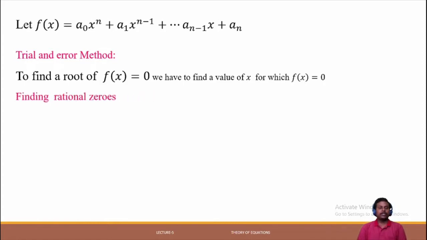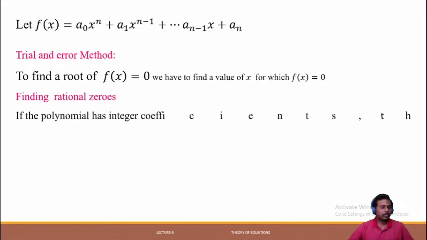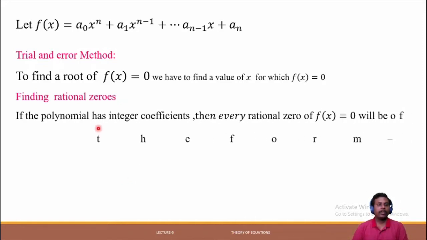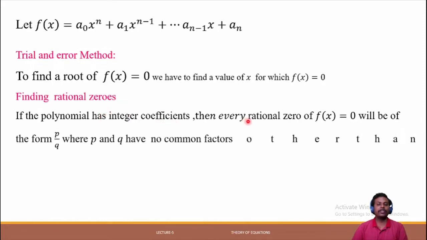Here the criterion is to find the rational zeros. If the polynomial has integer coefficients, then every rational zero of f of x equal to 0 will be of the form p by q, where p and q have no common factor other than 1. That means the GCD of p and q, or highest common factor, is 1.